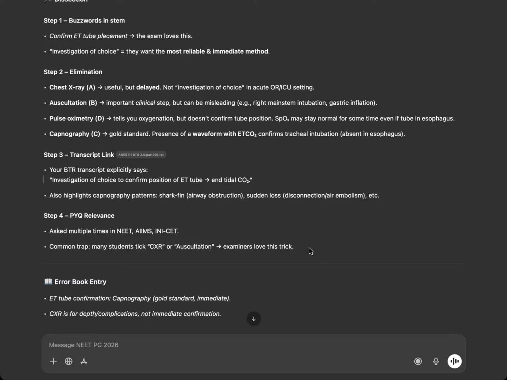Shark fin was COPD. Capnography, okay. We'll go one by one. We'll discuss this and then we'll move forward. Shark fin COPD, it was correct. Why did you delete the message?